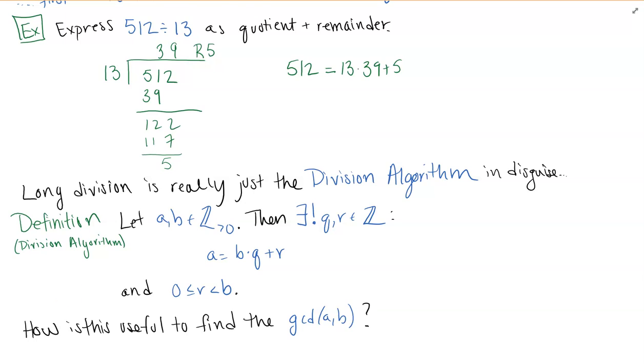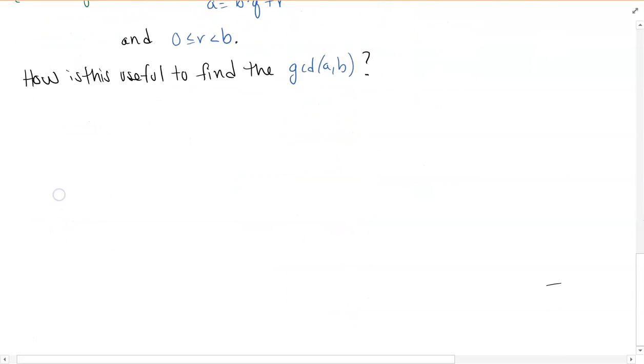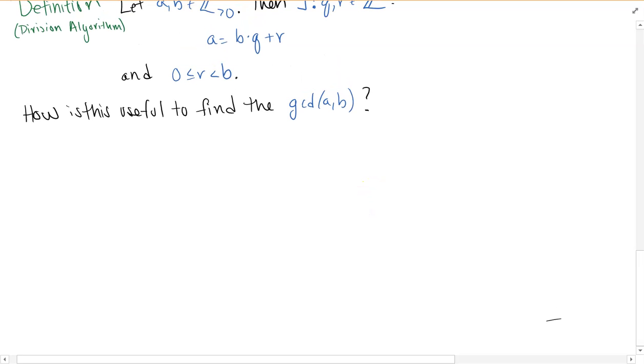Okay, so then how do we use this to find the GCD? Well, I'm glad that I asked, because what we're going to do is, let's see, I'm going to take that expression that I found above, plus Q, B times Q. Let's erase all that.